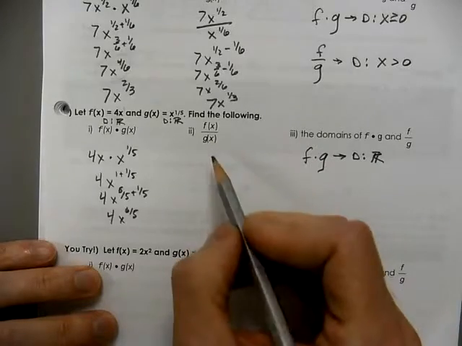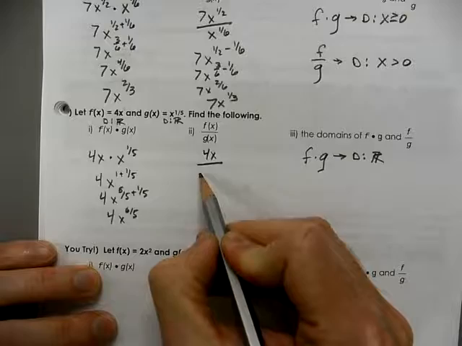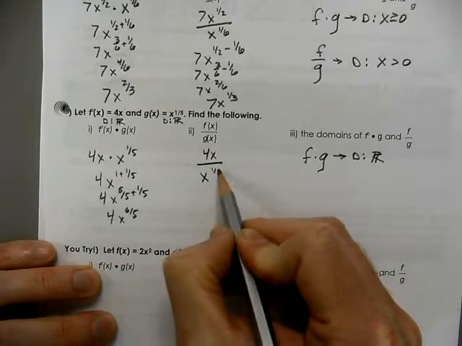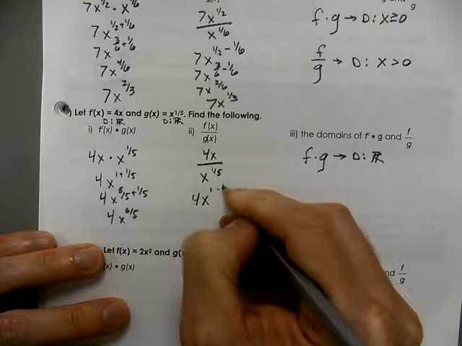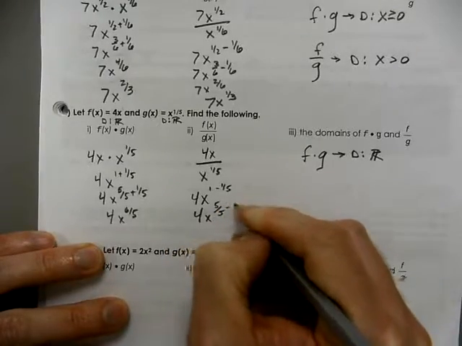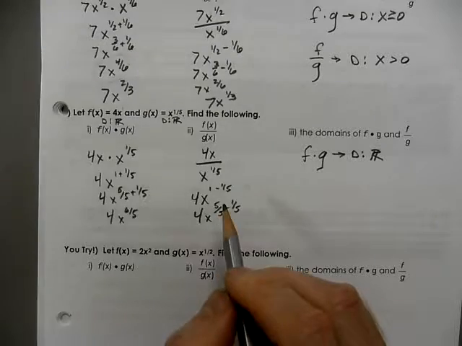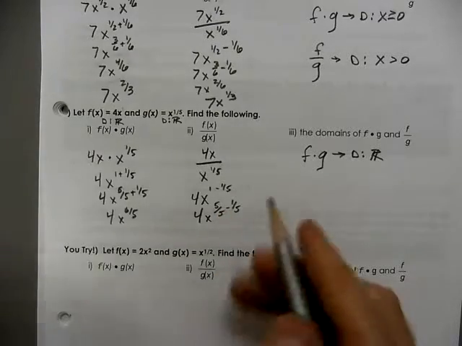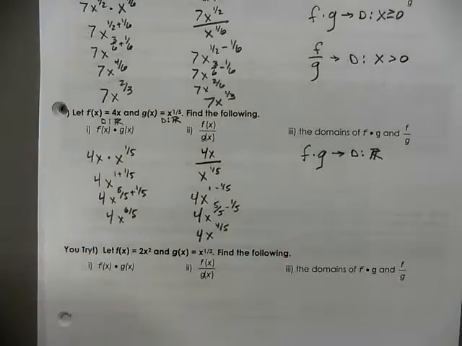Let's look at what happens here with f divided by g. So this is 4x to the first minus 1/5. So 5/5 minus 1/5. We're trying to work at subtracting the exponents. So we got x to the 4/5.